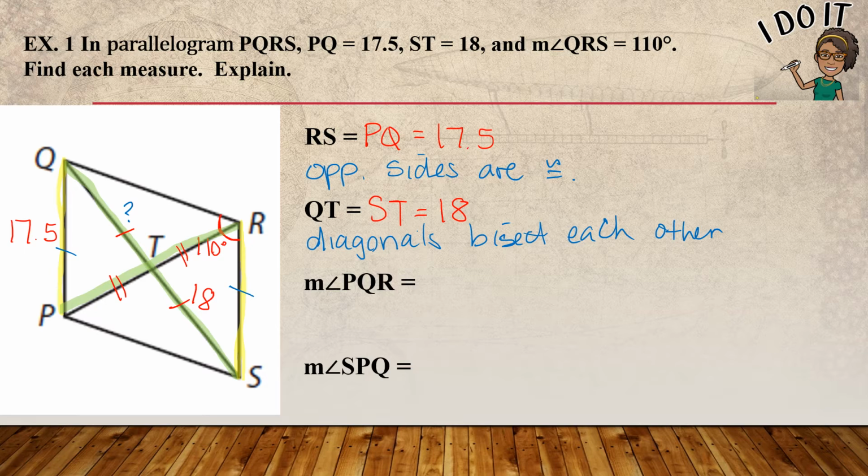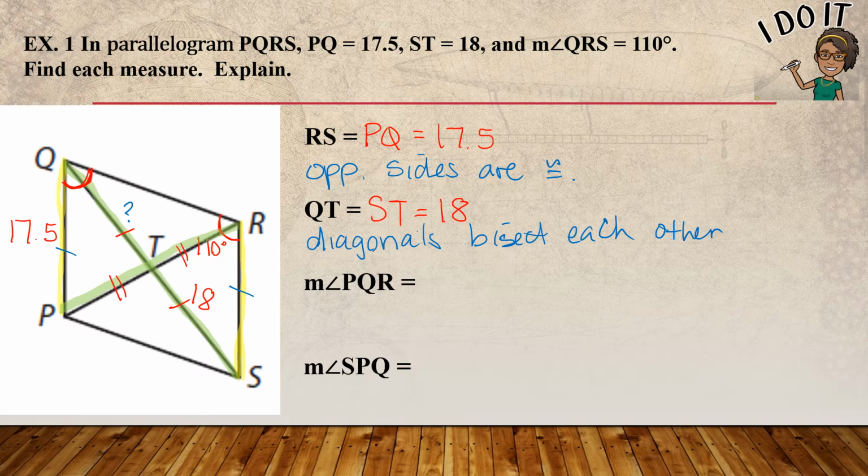The next one says the measure of angle PQR. So PQR is this angle right here. So they gave me the measure of angle QRS, which is the angle of 110 degrees. And I see that PQR is right next to QRS.